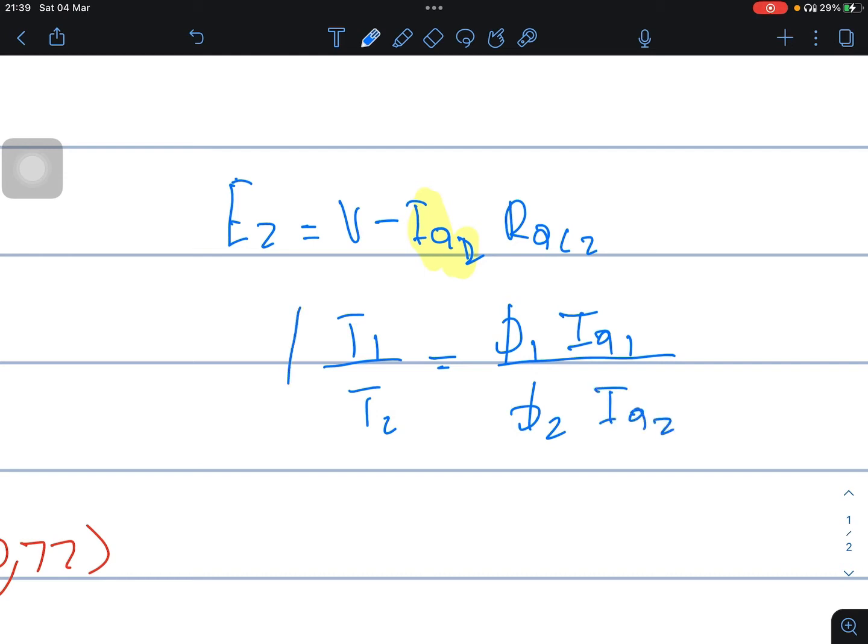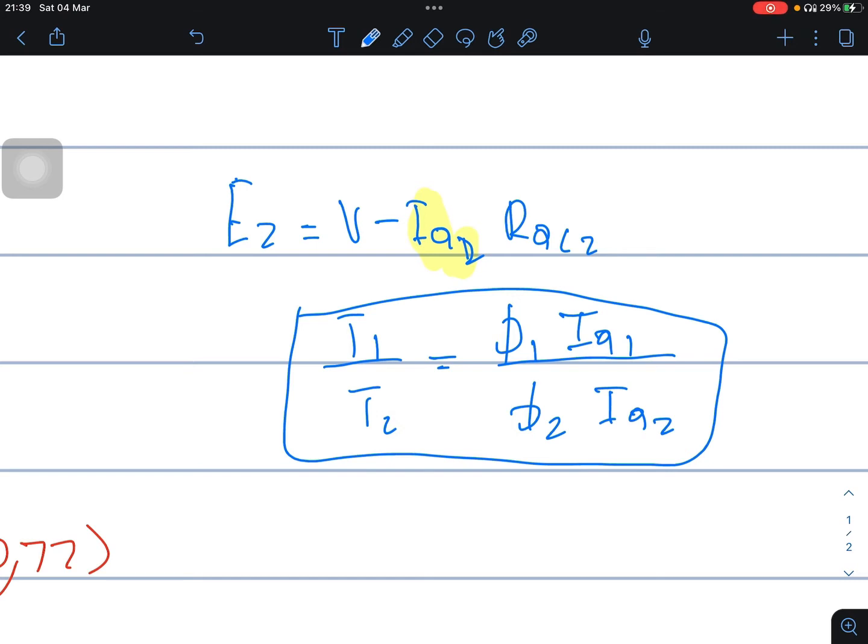Guys, this formula you always use to find IA2, and the reason is they say something about the torque. The torque is the one that is going to determine the armature current of the second condition, IA2.